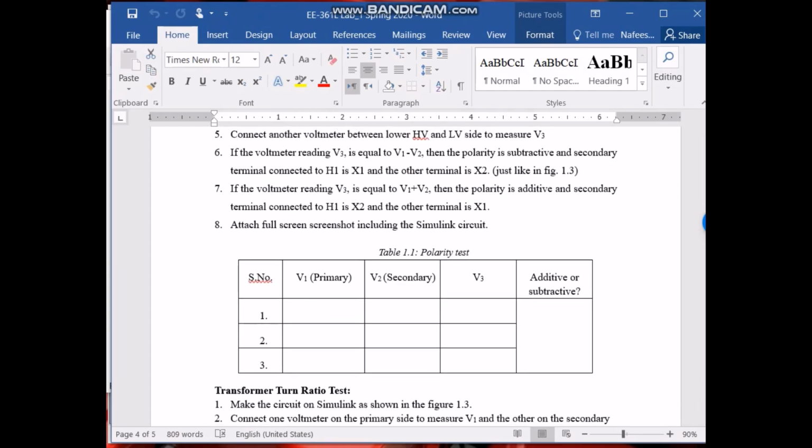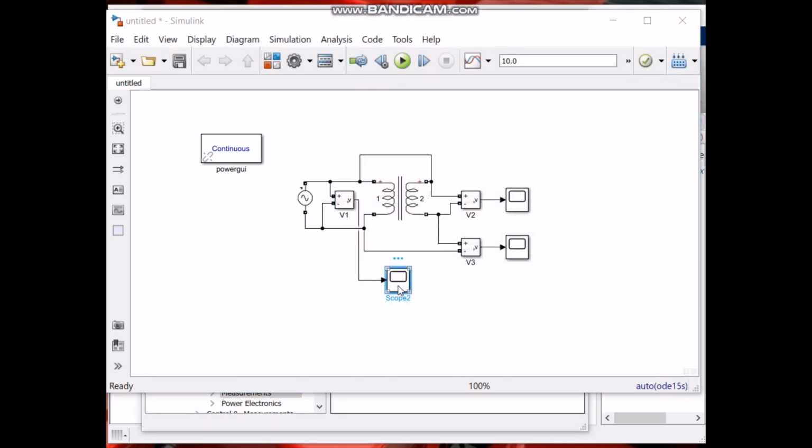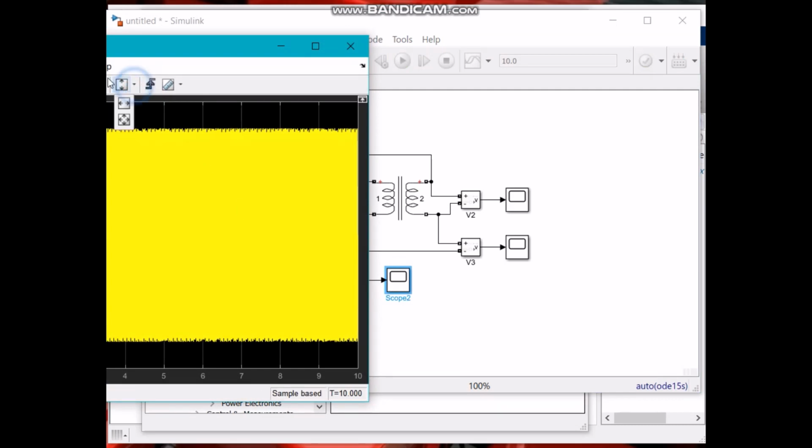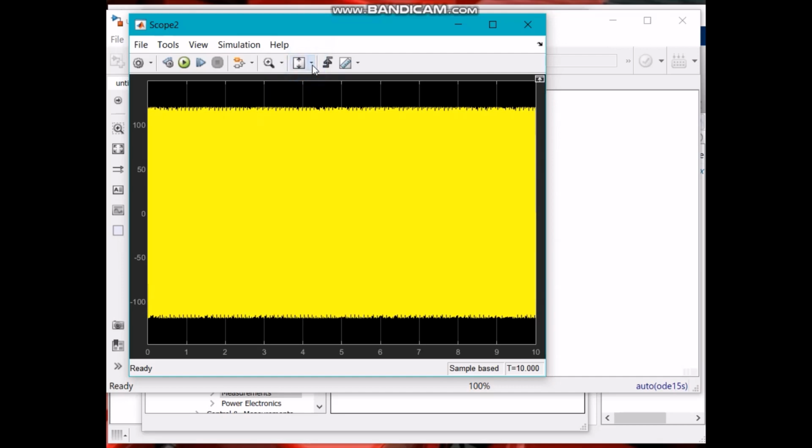Okay, so we have to check v1, v2, v3. Let's first check v1. Oh, sorry, this is v1. Let's zoom in a little bit.